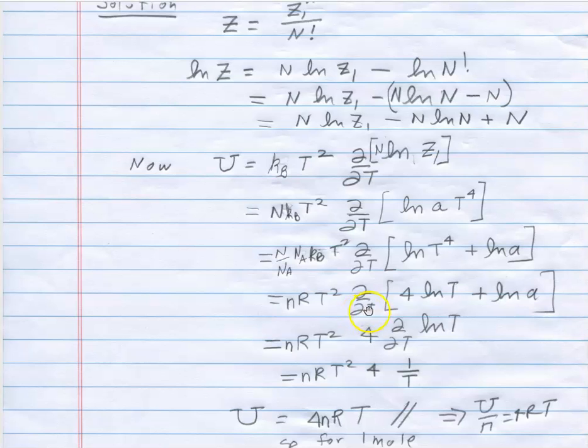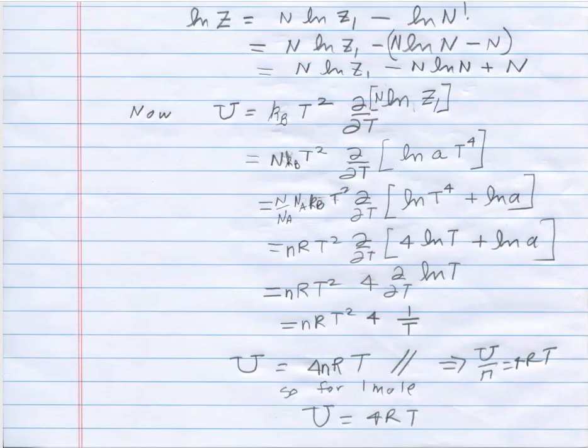If I take the partial derivative of this whole thing in brackets, a is a constant, so the partial derivative with respect to T of a constant will vanish. I can bring the 4 outside, and I'm down to just the partial derivative with respect to T of natural log T. The derivative of the natural log of T is just 1 over T.